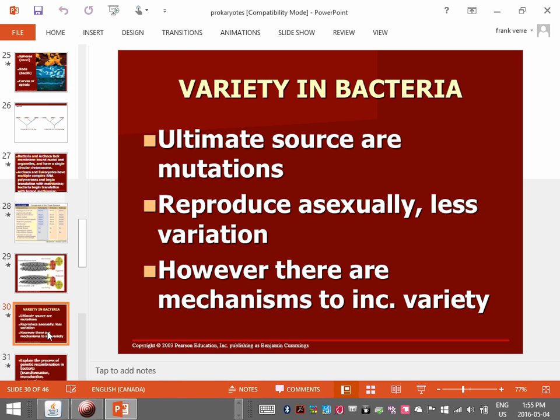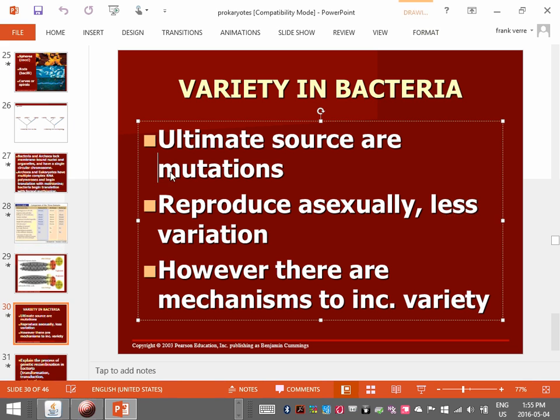Okay? How do bacteria reproduce? Asexually. So how do they evolve then if they reproduce asexually? Because in order to evolve, to change, you need to get variety. So how do we get variety in bacteria?